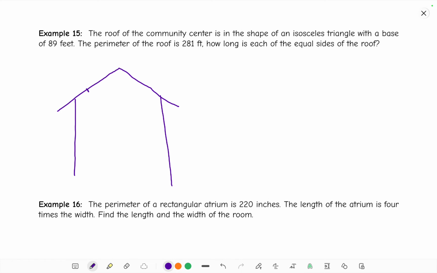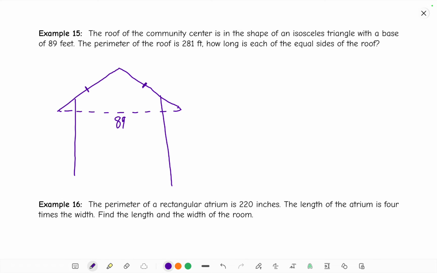Isosceles means that this side and this side are the same length. And then it's telling us that the base of the roof is 89 feet. The perimeter of the roof is 281 feet. How long is each of the equal sides of the roof?